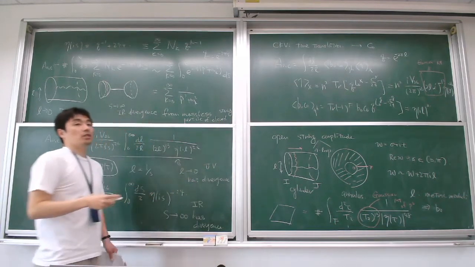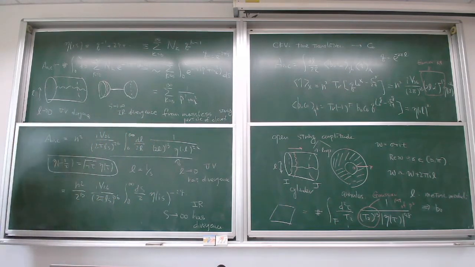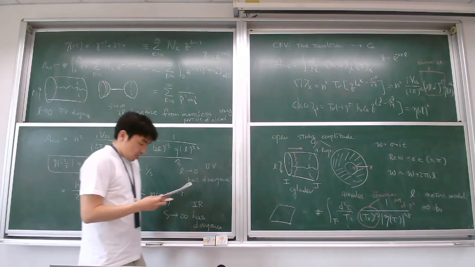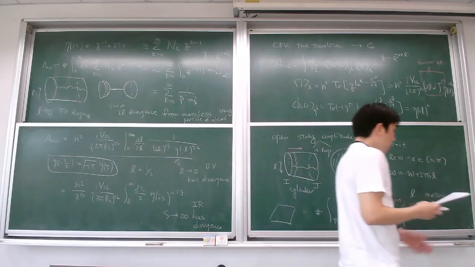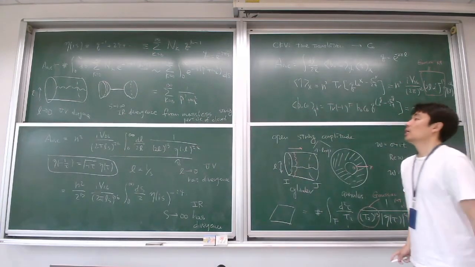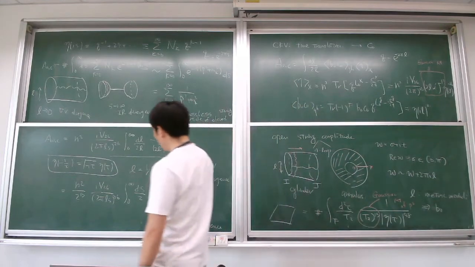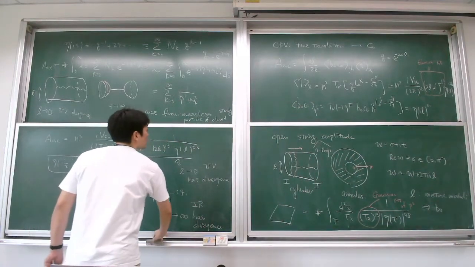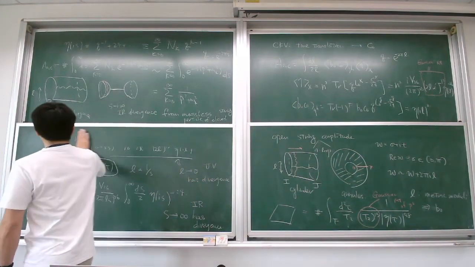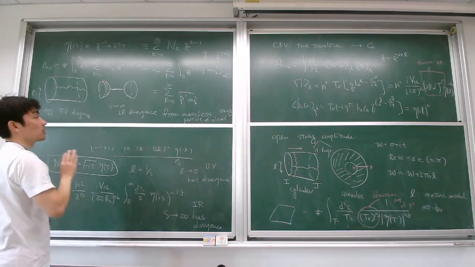So that's the physical interpretation one can give for this divergence. And then to cure this divergence we need to include the so-called unoriented worldsheet.